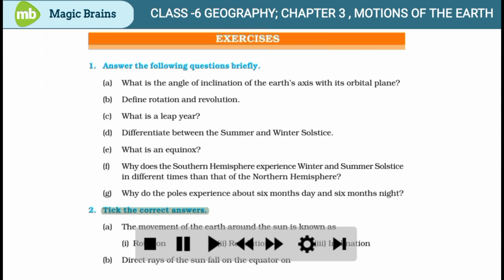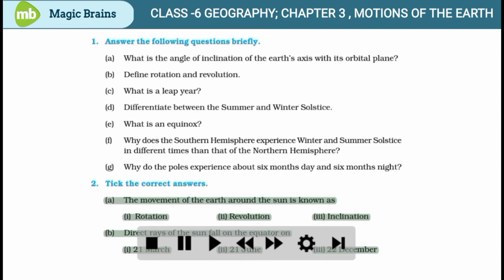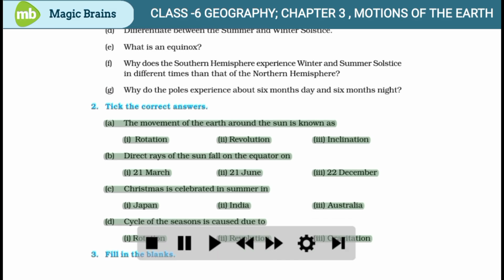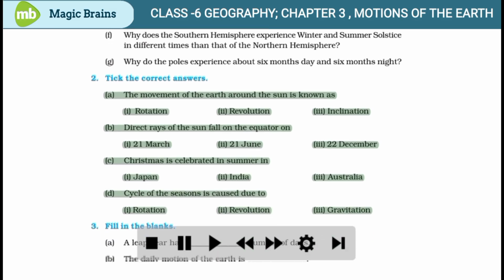2. Tick the correct answers. A. The movement of the Earth around the Sun is known as 1. Rotation, 2. Revolution, 3. Inclination. B. Direct rays of the Sun fall on the equator on 1. 21st March, 2. 21st June, 3. 22nd December.